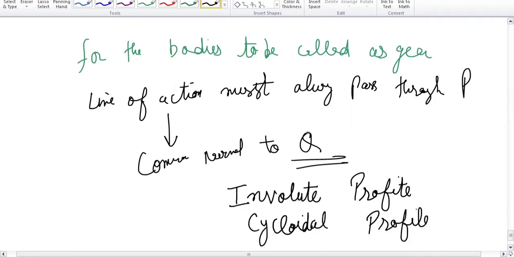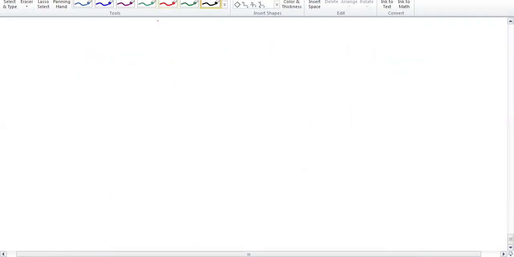Both profiles are very important. So there is a small thing also. Let me tell you this first. Tomorrow or in an upcoming lecture, whenever you get time, we will do the profile of gear teeth and some one or two formulas, and based upon that we will do the numericals in the upcoming class.